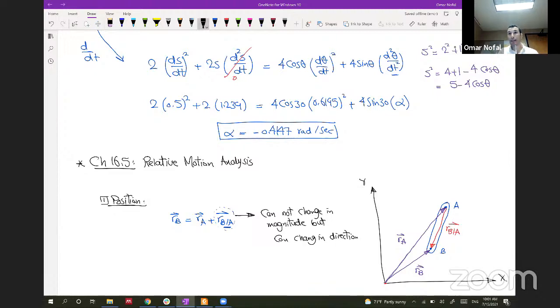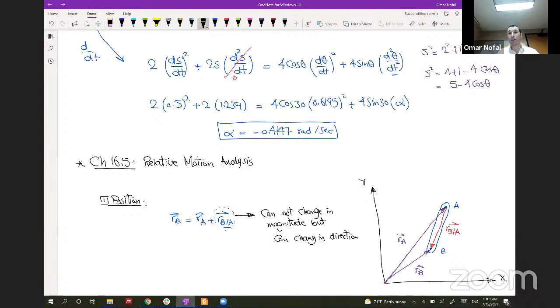It doesn't change in magnitude and doesn't change in direction if it's a translation motion. But it can change in direction if you have a fixed axis rotation, so r_B/A keeps changing its direction. Or it's a general plane motion, like the pen is moving in space and keeps changing direction.